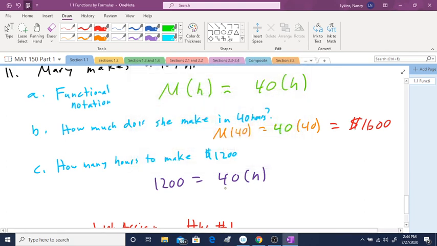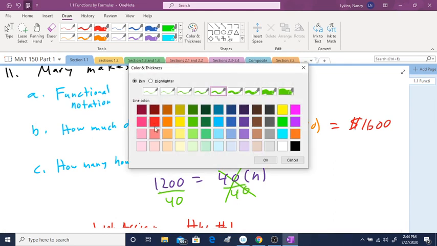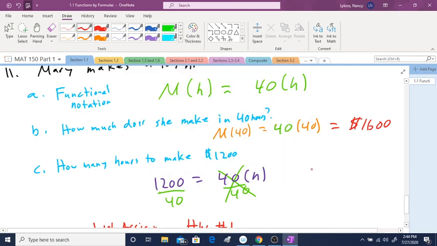In this case, 40H, how do you get rid of the 40? Well, this is 40 times H. So since it's times, you always do the opposite. I'm going to divide, because the 40s cancel each other out. But if you do one side, you have to do the other. So how many times does 40 go into 1,200? That means H means she's going to work a total of 30 hours.